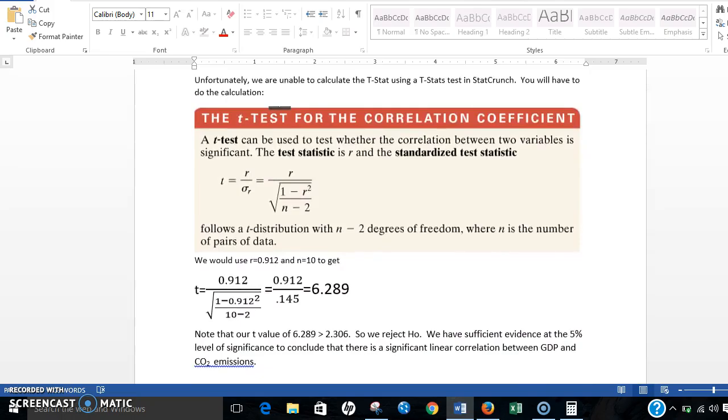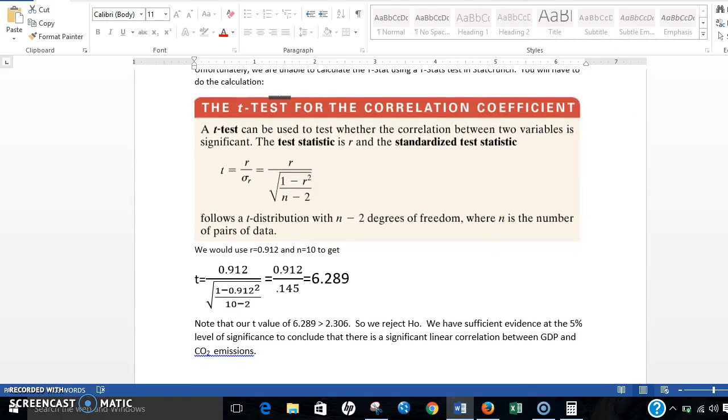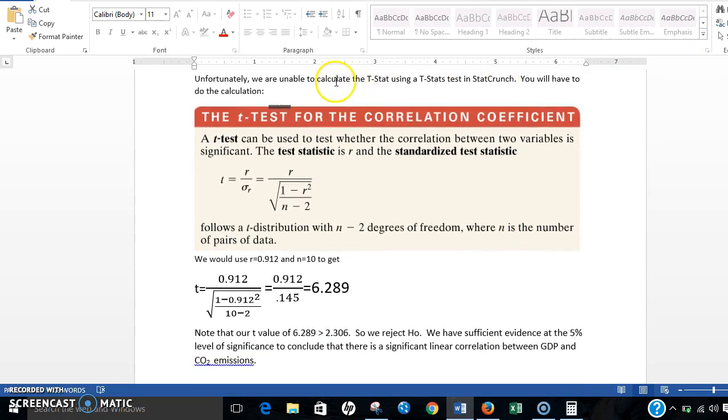Now, unfortunately, we're unable at this time to have StatCrunch calculate the value for t, the test statistic. So you'll have to do the calculation by hand. The t-test statistic is r over the standard deviation for the correlation coefficient, which is the square root of 1 minus r squared over n minus 2.